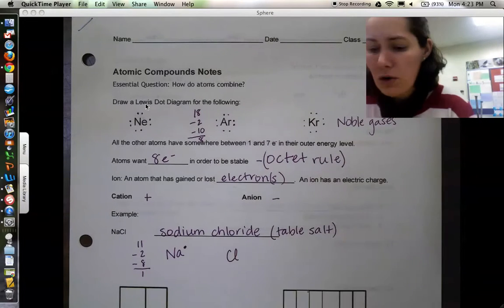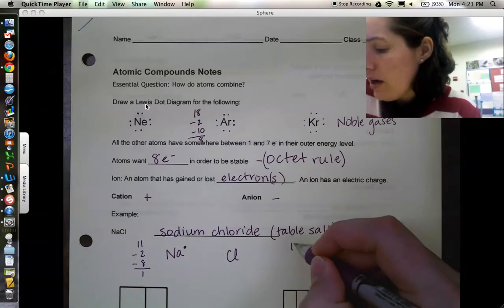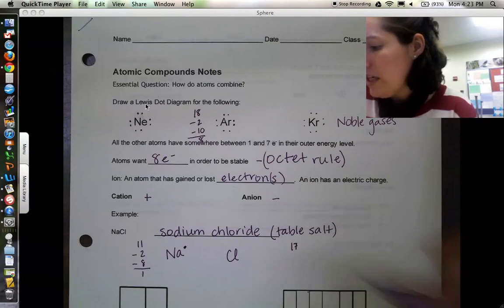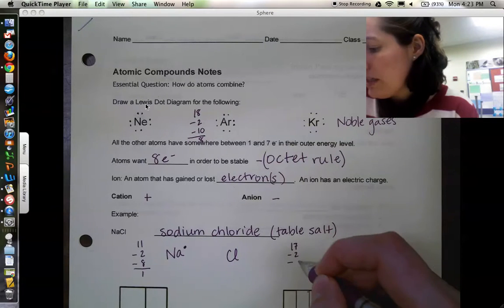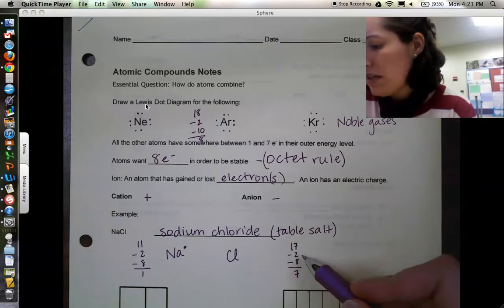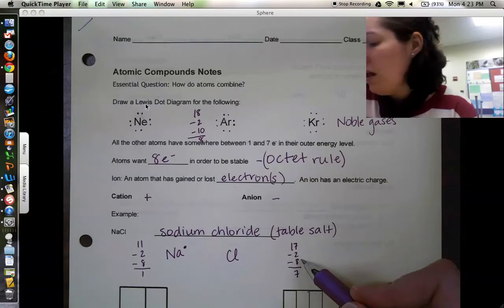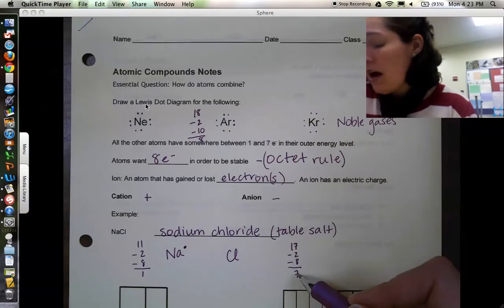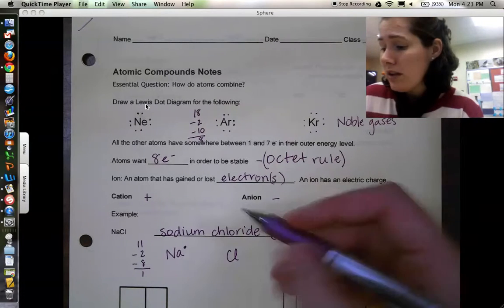If you look up chloride on the periodic table, you'll find that it has an atomic number of 17. 17 minus 2 minus 8 leaves us with 7. Remember, this is the electrons on the first energy level, electrons on the second energy level. So we have 7 electrons on the outer energy level here, and so that's going to be like this.